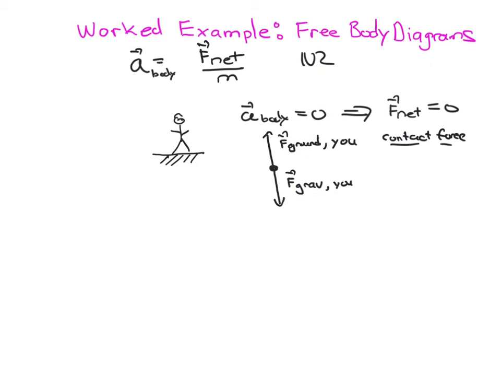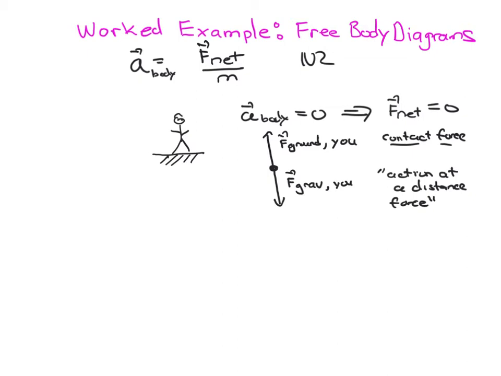The force of gravity we sometimes refer to as an action at a distance force. The way gravity works is it doesn't have to be touching you in order for the force to be exerted. The law of gravity says that for two objects, no matter how far apart they are, a gravitational force exists between them.